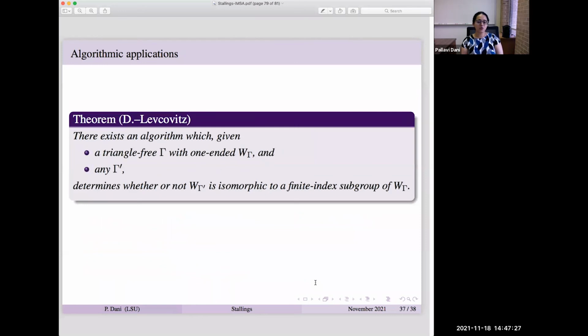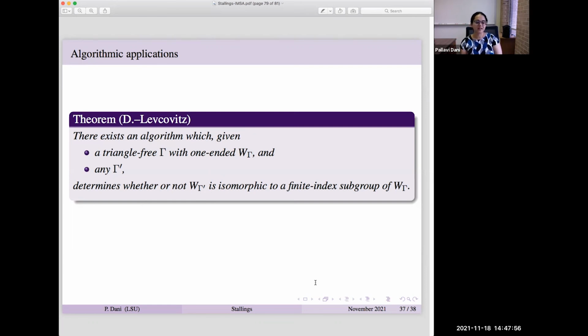And let me mention one last algorithmic application, which is we also give an algorithm, this time not just for quasi-convex things. This is just start with two abstract right-angled Coxeter groups. One is triangle-free and one-ended, and the other one is just any Gamma prime. Then we give an algorithm to determine whether or not W Gamma prime is isomorphic to a finite index subgroup of W Gamma.